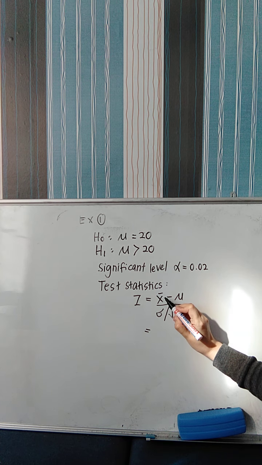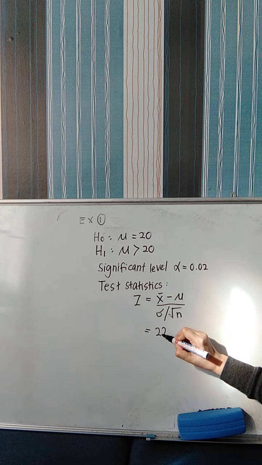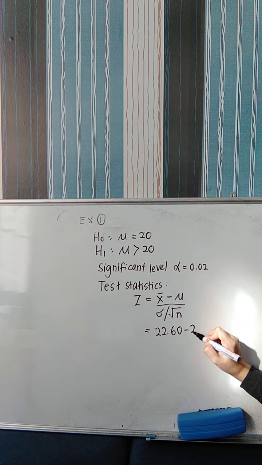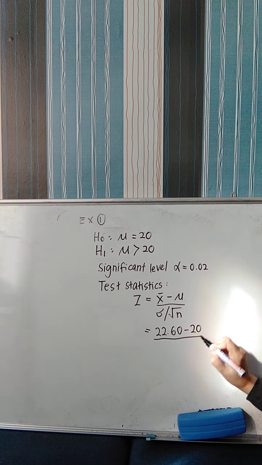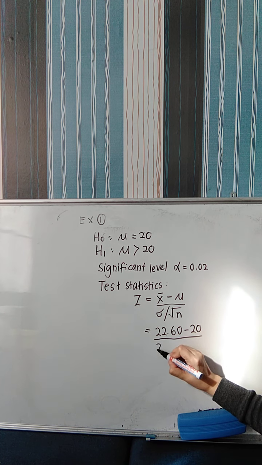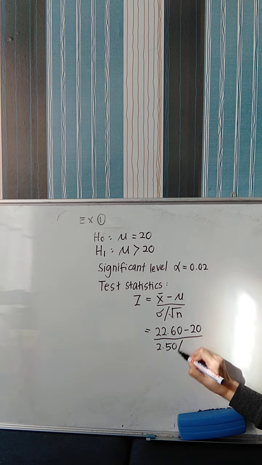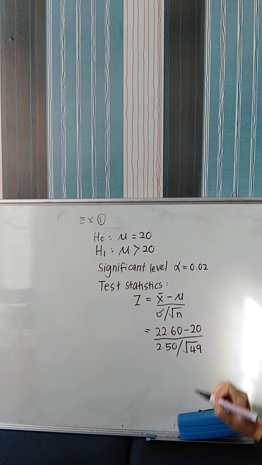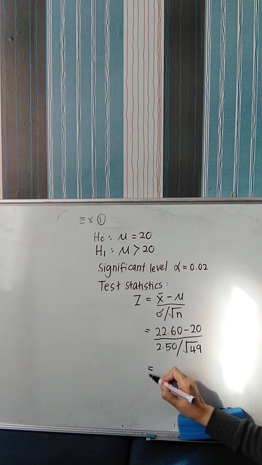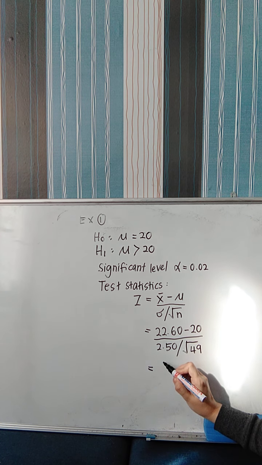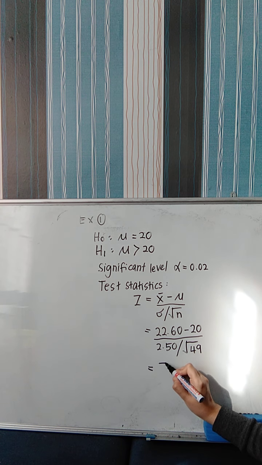Substitute the value: X bar is 32.60 and mu is minus 20, divided by the standard deviation given, 2.50, divided by square root of n, which is 49. Then calculate the value. The final answer for the Z value is 7.28.